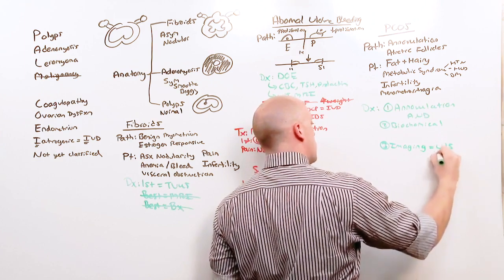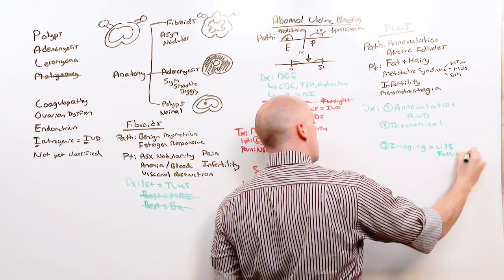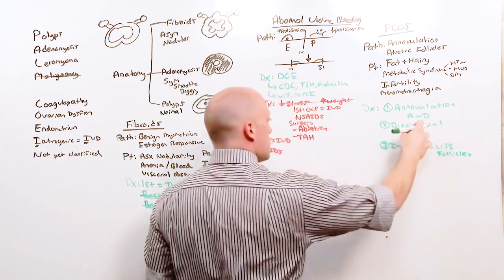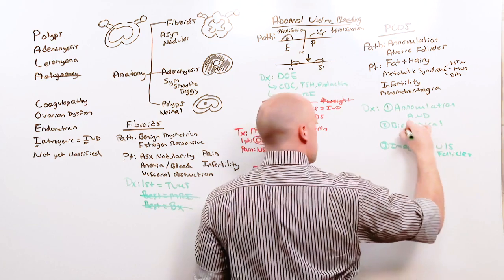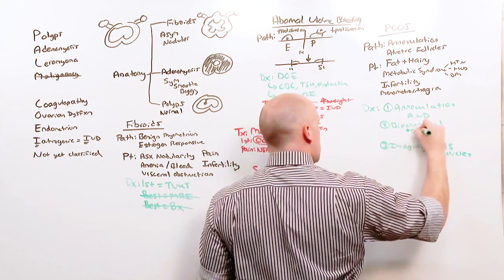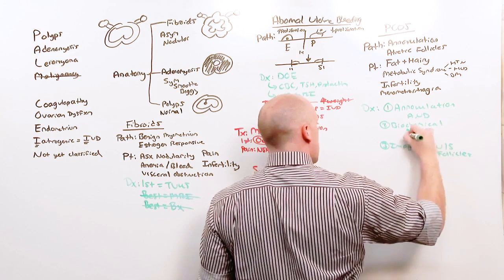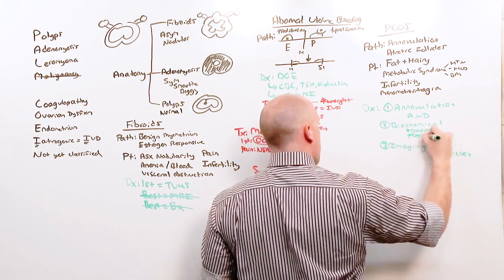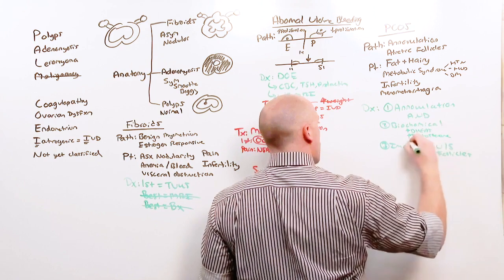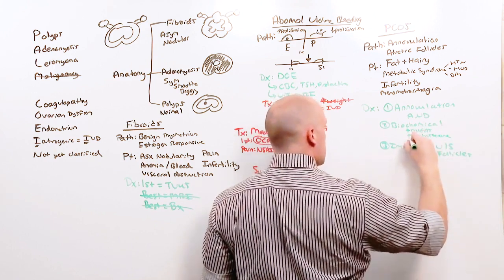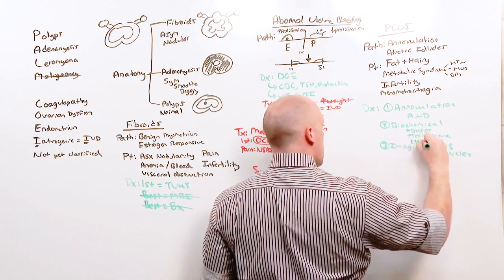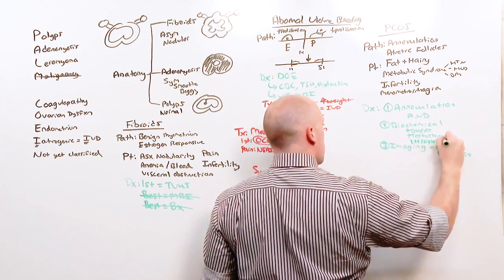That is, you get an ultrasound that shows follicles, or you have biochemical evidence of elevated androgens. So an elevated DHEAS, an elevated testosterone, or, and this is what you should pick on the test, an LH to FSH ratio greater than 3:1.